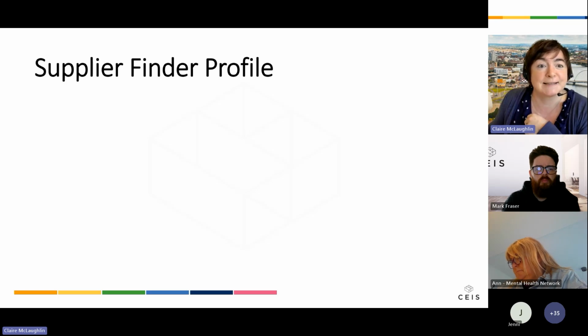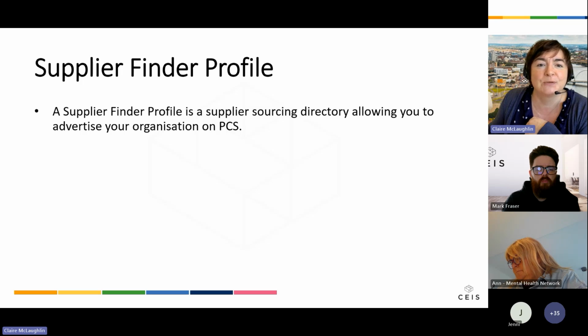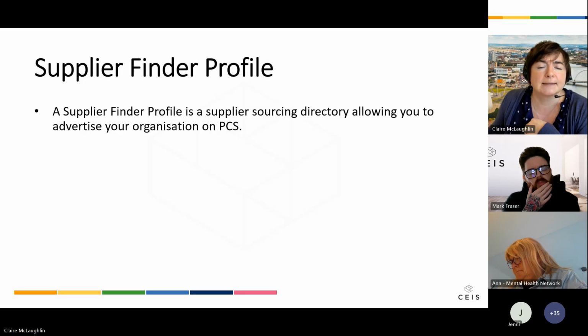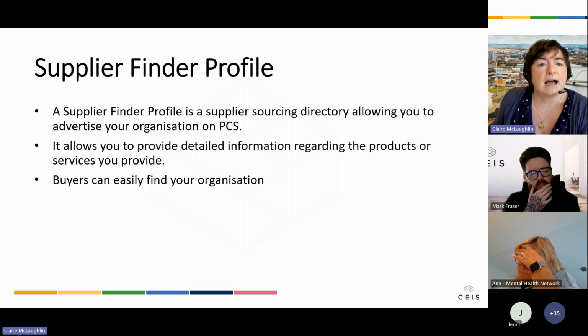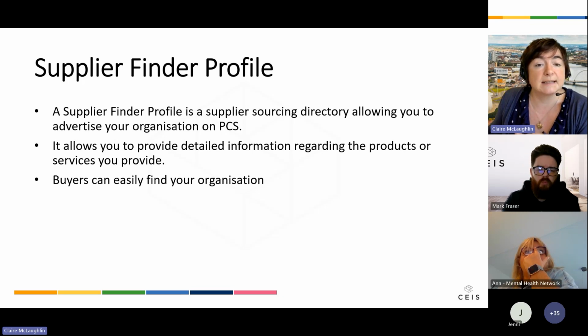All right, so what is a supplier finder profile, first of all? It's a supplier sourcing directory. It allows you to advertise your organisation on Public Contract Scotland. You can provide detailed information regarding the products or services you provide, and it means that buyers can easily find your organisation.